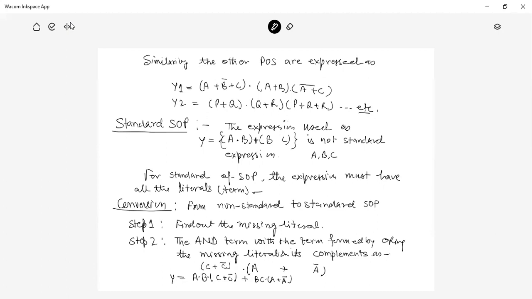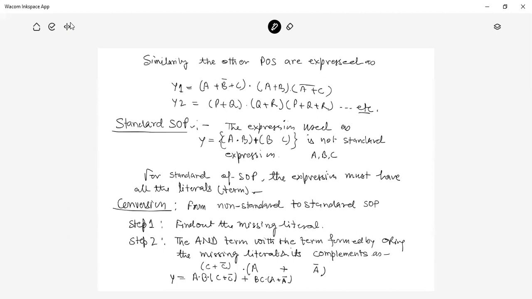So standard SOP is the expression in which each term contains all the variables. Suppose there are three inputs, so all the terms must contain all three inputs, then it is known as standard SOP. Similarly there is standard POS.